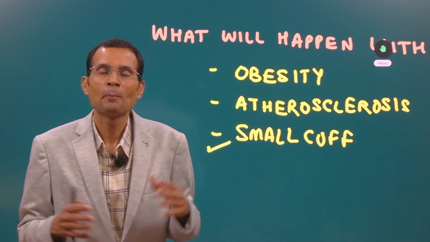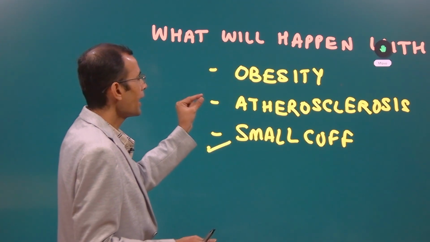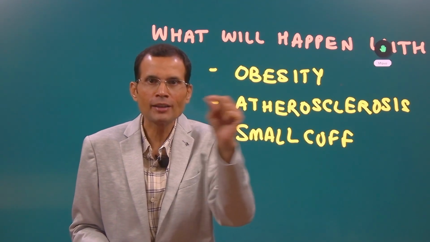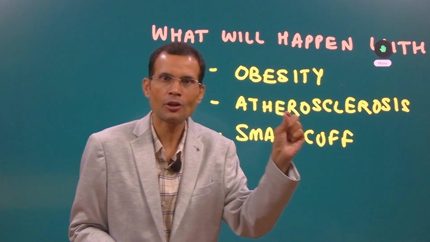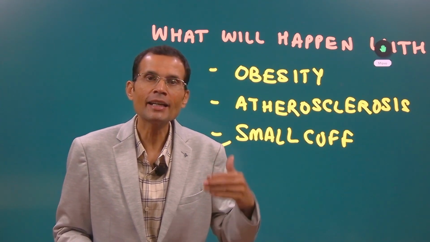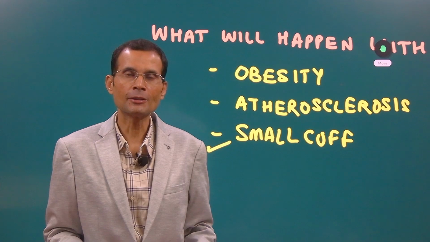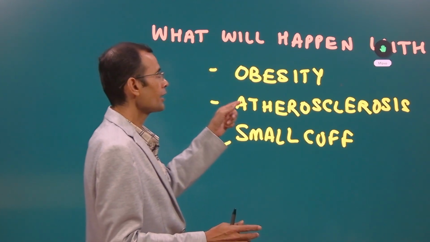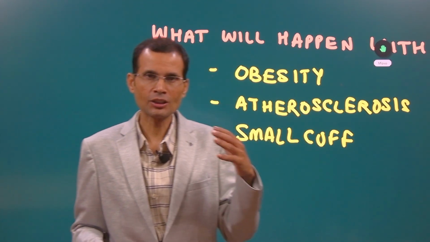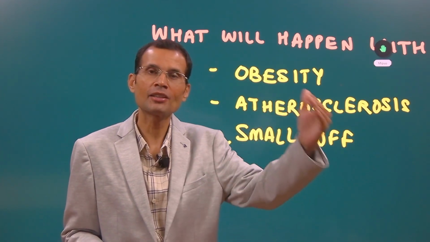sphygmomanometry, I beg your pardon, because atherosclerotic vessel means again an extra tissue mass in the vessel wall in the form of that atherosclerotic plaque, and therefore we will require slightly extra or higher pressure to occlude the vessel completely, and therefore in that case also sphygmomanometry will give a slightly even higher reading.